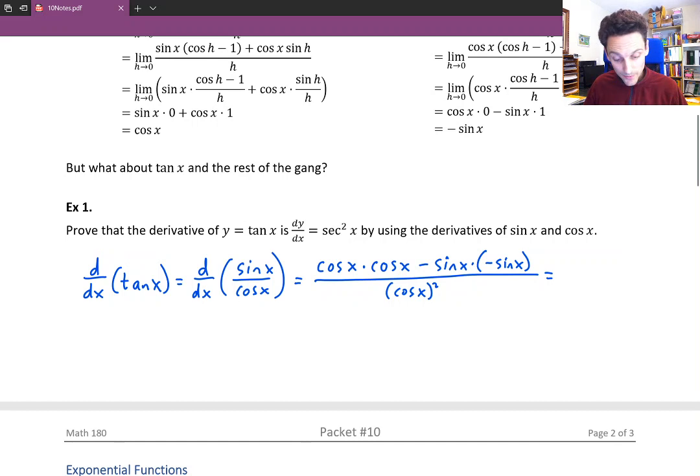Great. Let's simplify on the top to get cosine squared x plus sine squared x over cosine squared x.